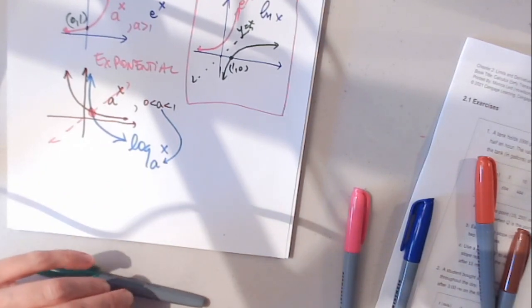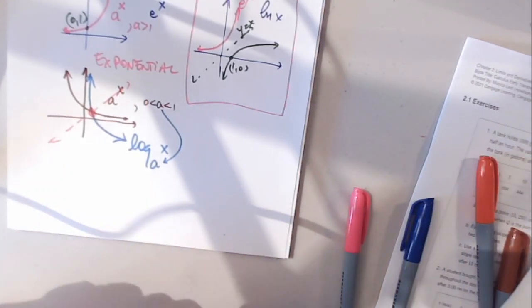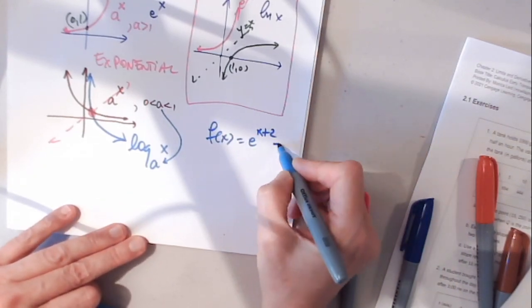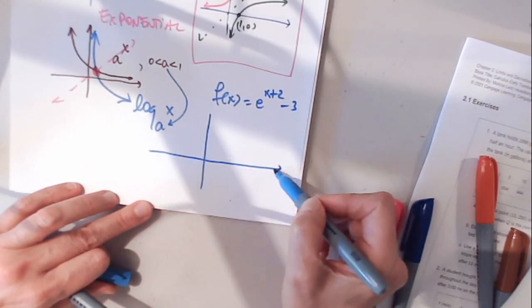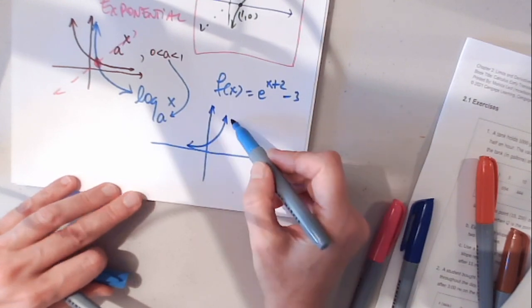So in order to graph e to the x plus 2 minus 3, you graph using transformations. I recommend that's the best way. You graph e to the x first.